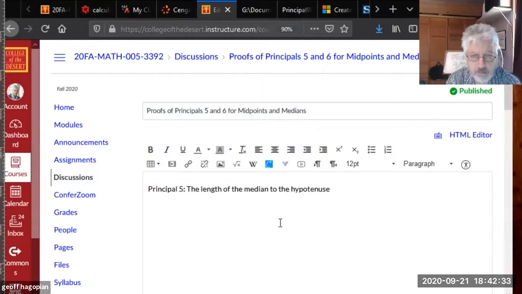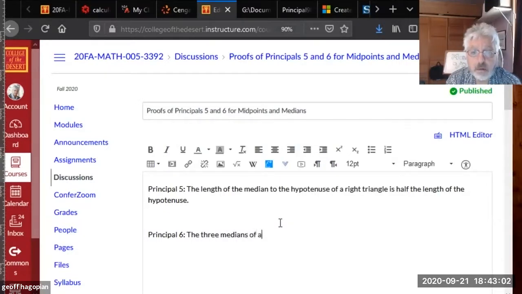Hypotenuse is the side opposite the right angle of a right triangle, is 1/2 the length of the hypotenuse, and principle 6 says the 3 medians of any triangle intersect at a point which is 2/3 of the way from the vertex to the midpoint for any median.